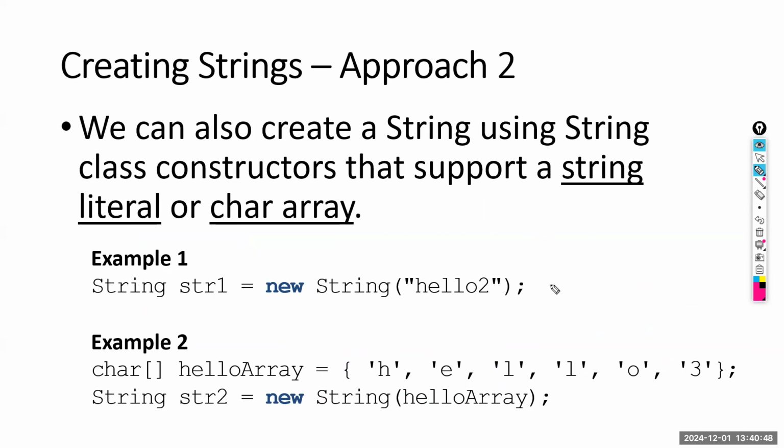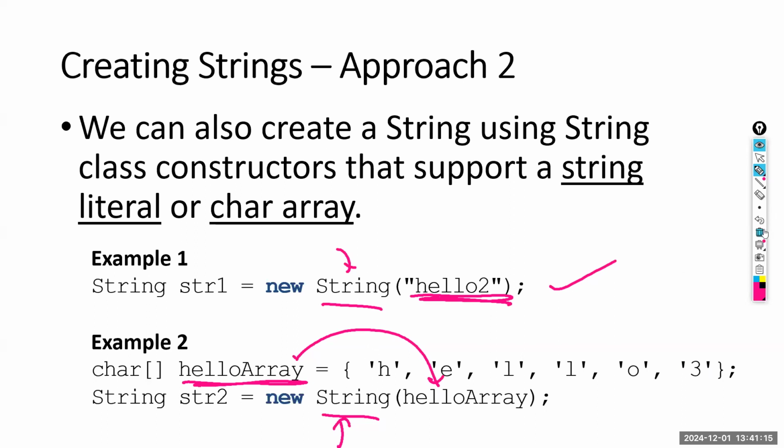But this is possible. And also they have overloaded versions of the String constructor. Basically, you are calling the String constructor because String is a built-in class that accepts either a string literal or a char array. If you have a char array with your characters, you can give that char array and create a string also. So you have two options. Right? You have two options.